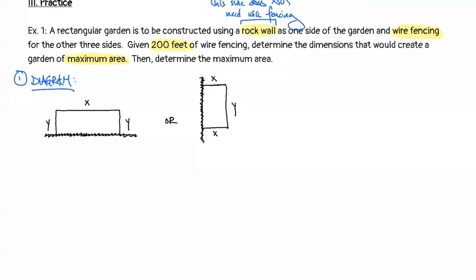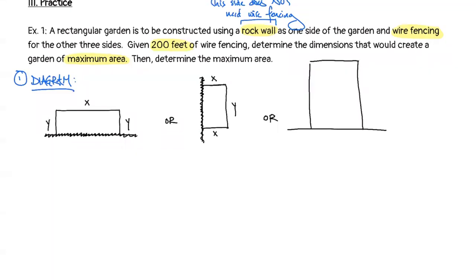I think sometimes people get stuck in the beginning because they're like, well, which way does it have to be? And it doesn't actually have to be any one way. You don't know yet. So that's part of that idea of just put down something, right? I could also have done something like this. Maybe I go back to the first one, but my garden looks kind of like this.